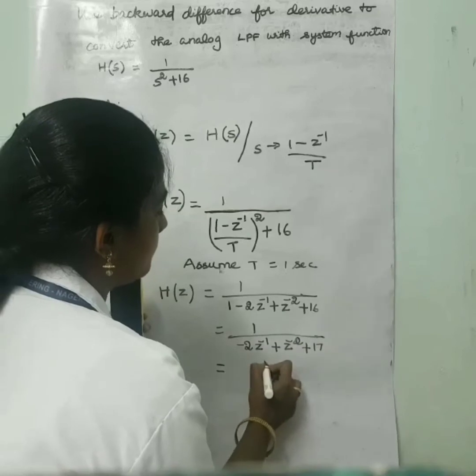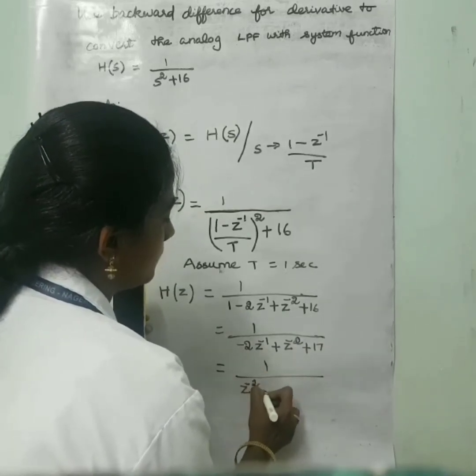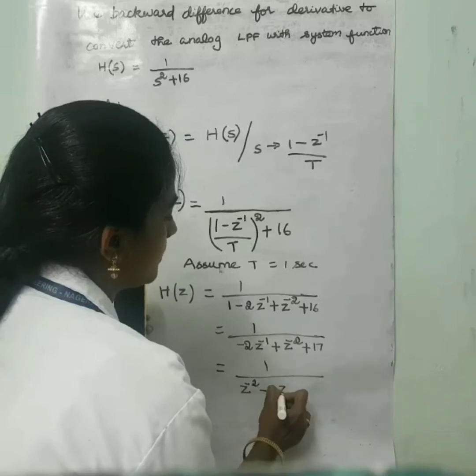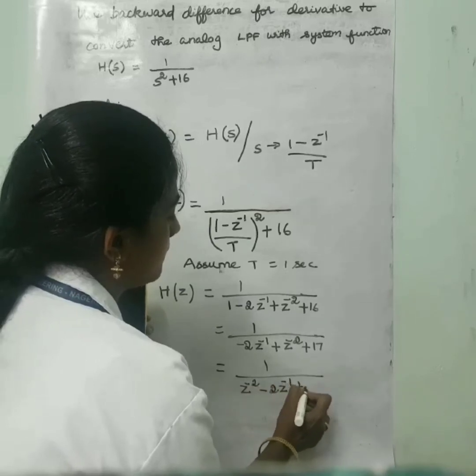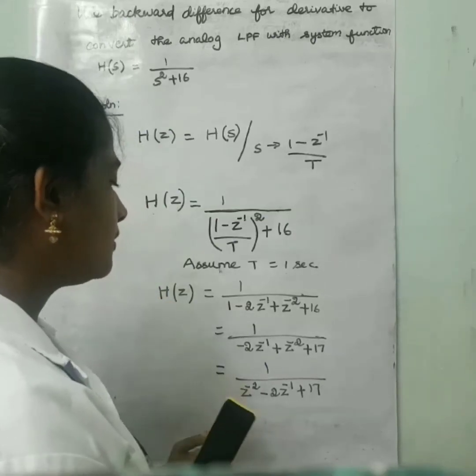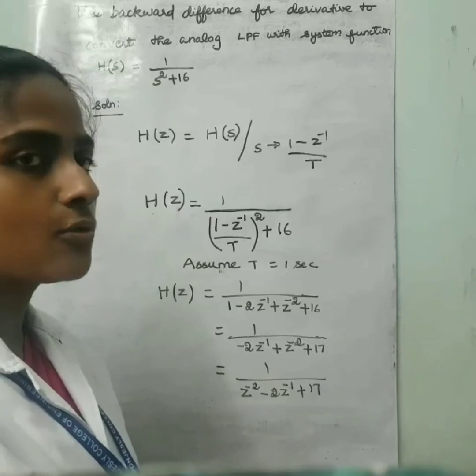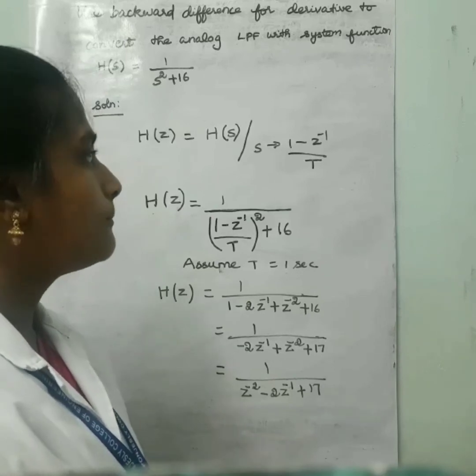So H of z is equal to 1 by z power minus 2 minus 2 z power minus 1 plus 17.